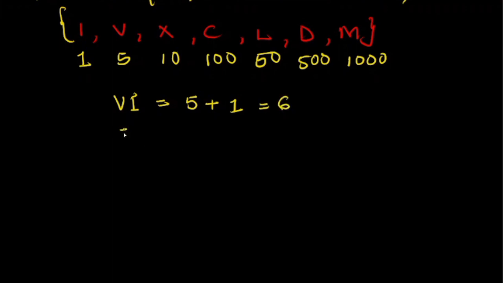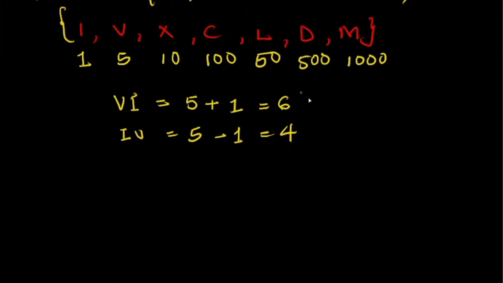But if they had IV, because the smaller number comes before, at the left, it indicates subtraction. This is 5 minus 1, which gives us 4. So this was what the Romans used.